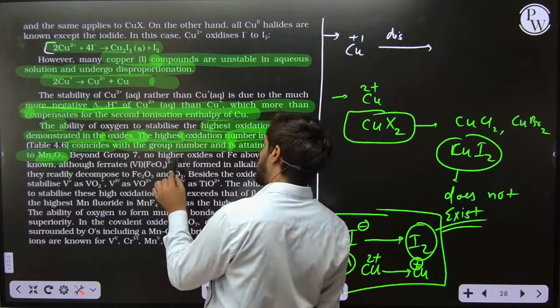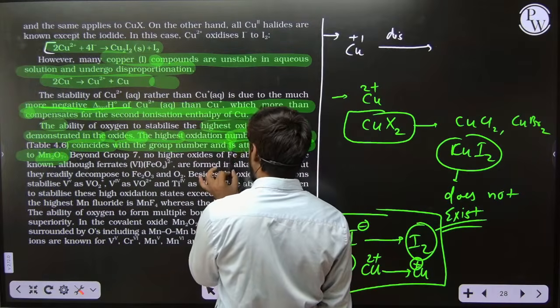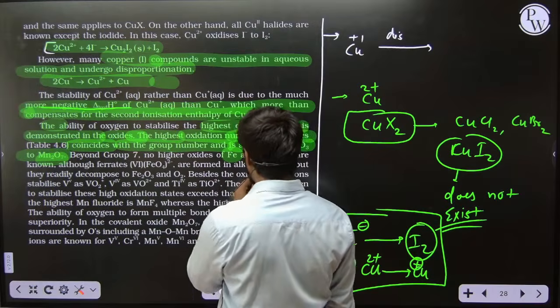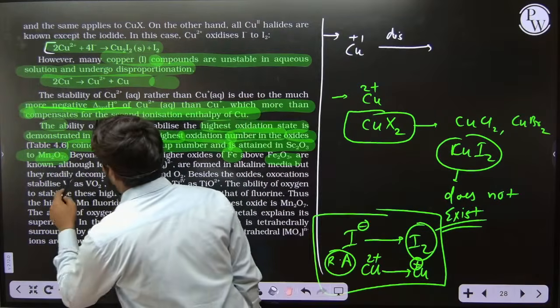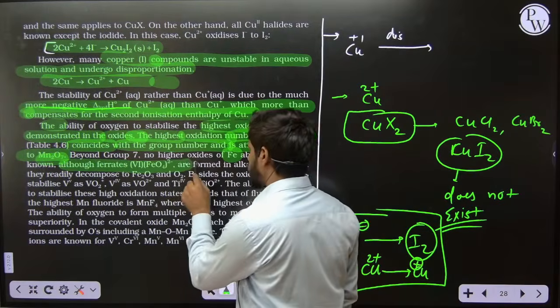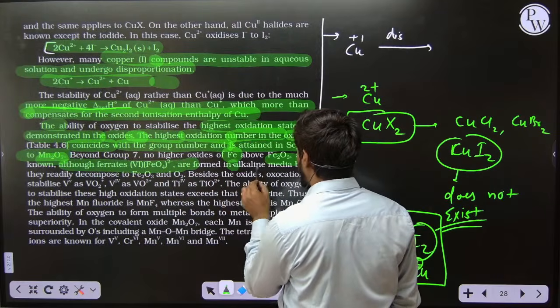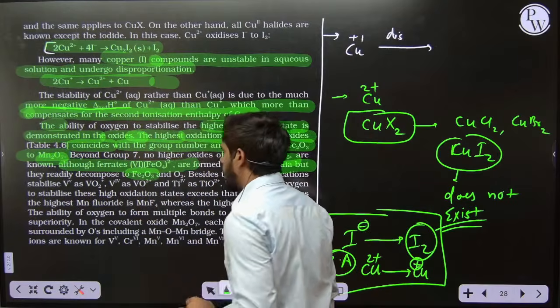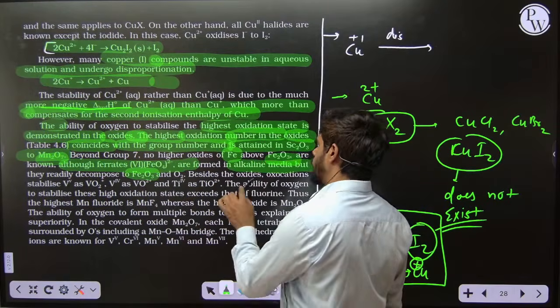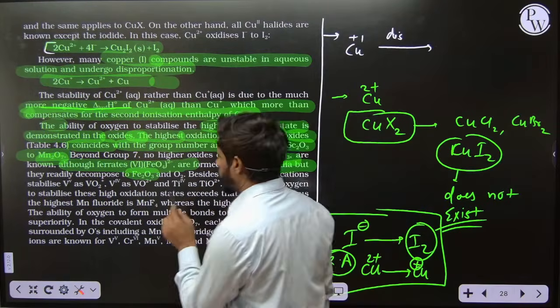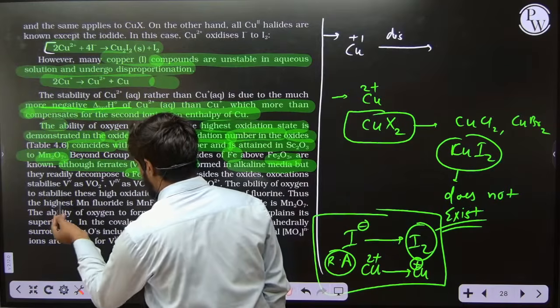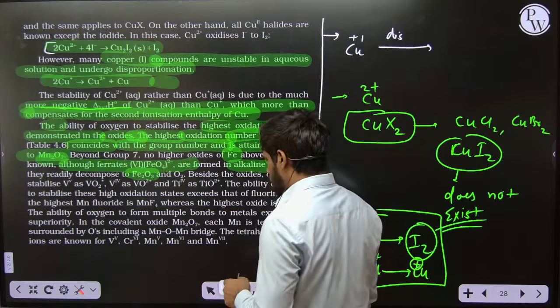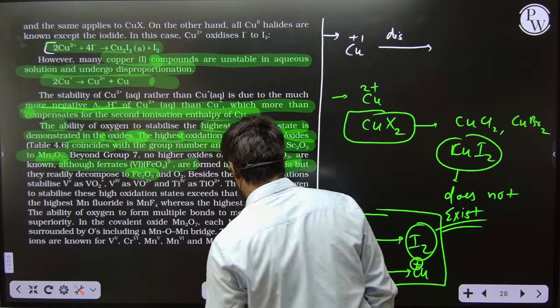Beyond group 7, there is no higher oxidation state of Fe. Although ferrate forms in an alkaline medium, it slowly decomposes to Fe3+ and oxygen. Besides the oxides, oxocations are there, as we have seen. This is the main thing we have to remember in case of oxides.